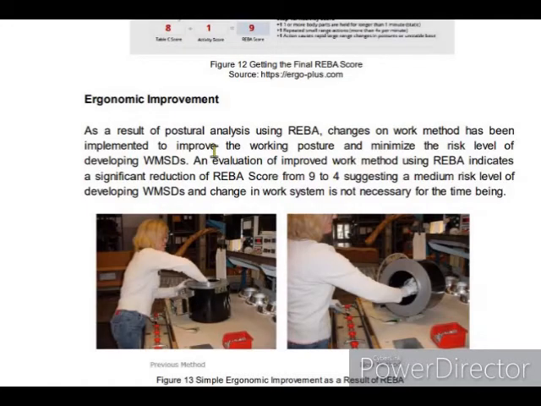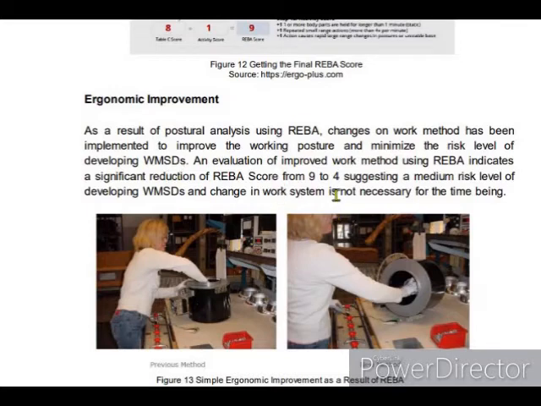So, para sa ergonomic improvement, as a result of posture analysis using REBA, changes in work method has been implemented to improve the working posture and minimize the risk level of developing WMSDs.